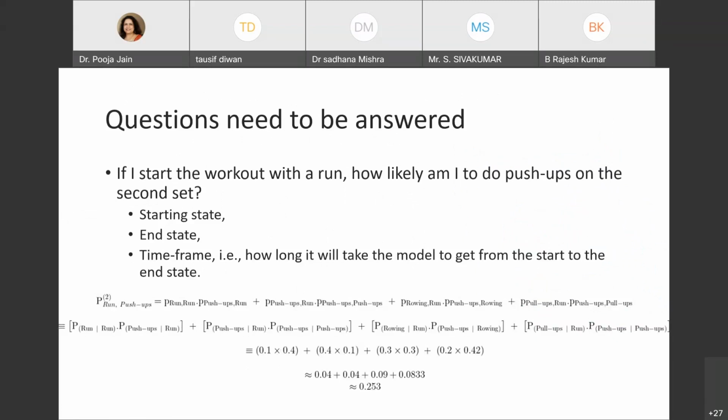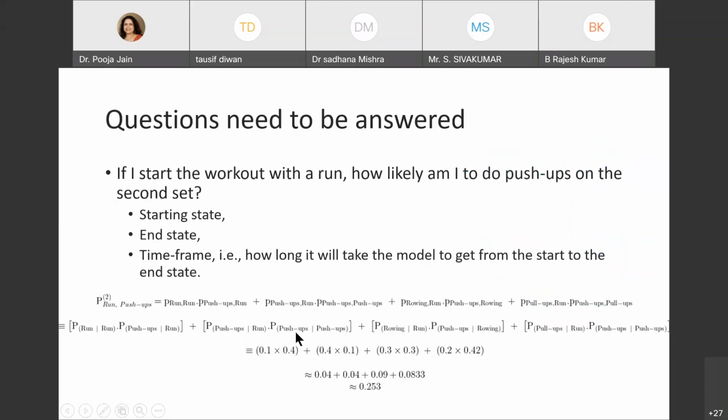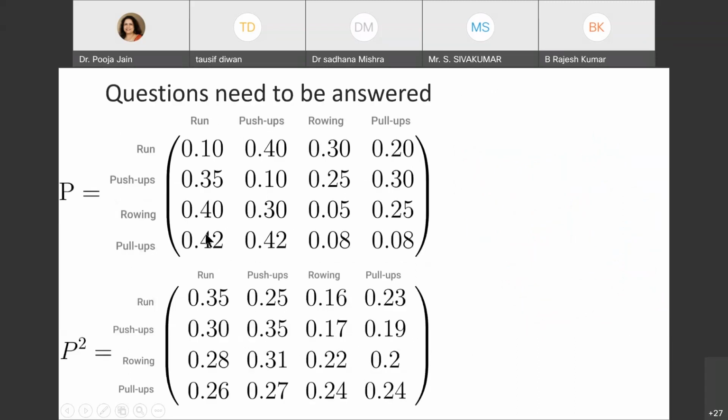Just concentrate for 5 minutes. What is happening here? You will get it in terms of matrix multiplication. This is the probability of push-up after running, which is once again 0.4. And this is push-up after push-up, which is 0.1.